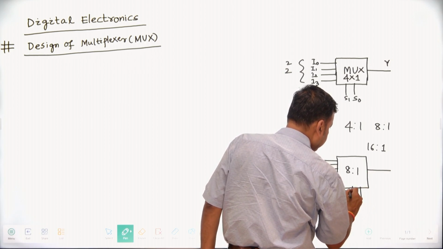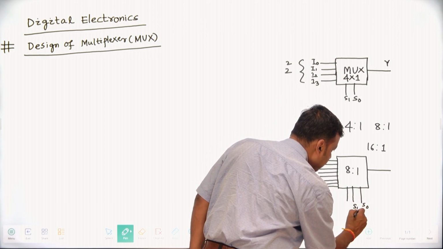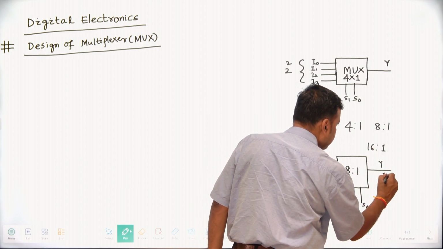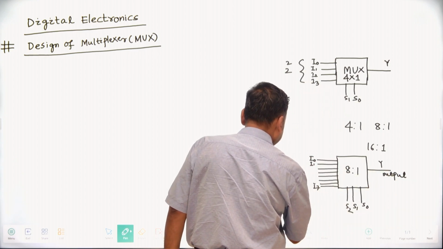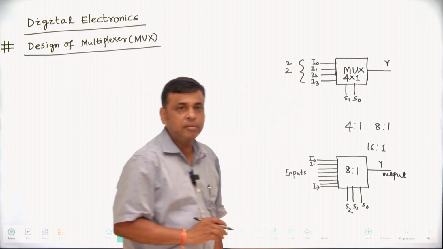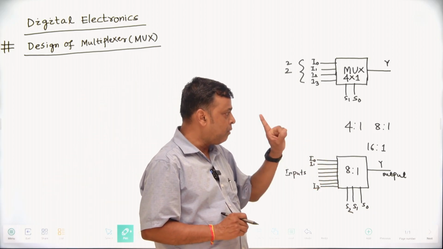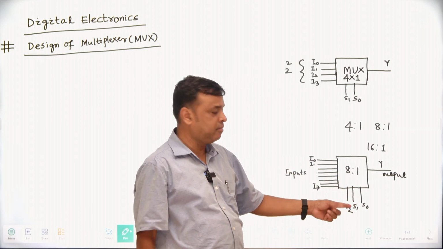There will be 3, because for 8 inputs, this is your S0, this is your S1, and this is your S2, and this is your Y. Y is your output, and these are the inputs. In an 8:1 MUX there must be 8 input lines, 1 output line, and 3 selector lines.